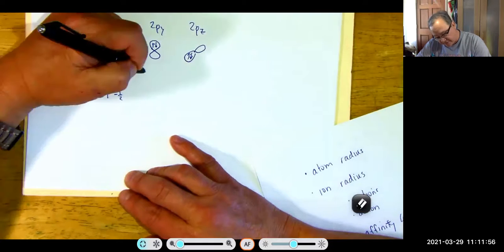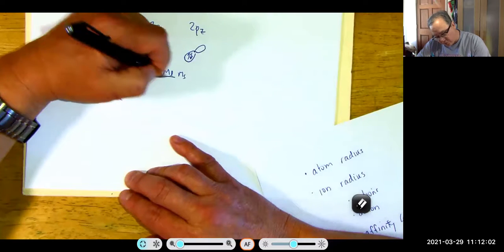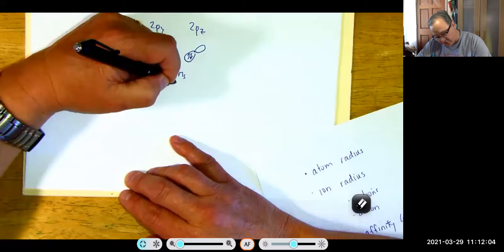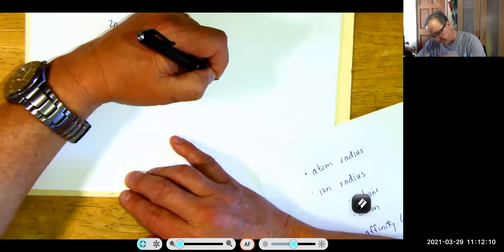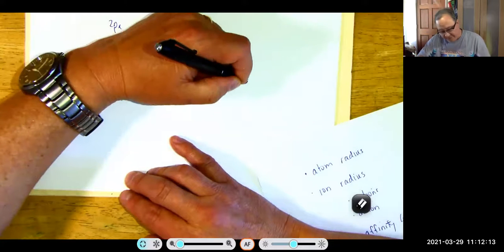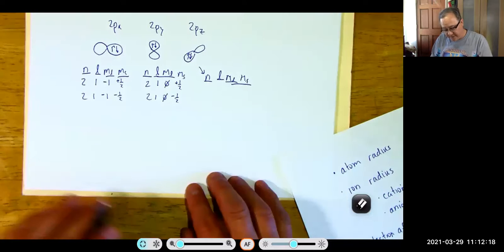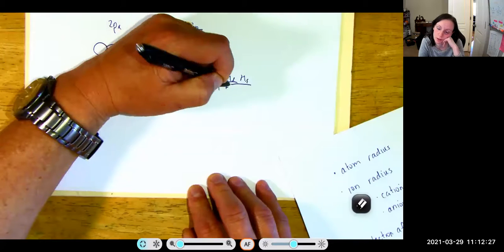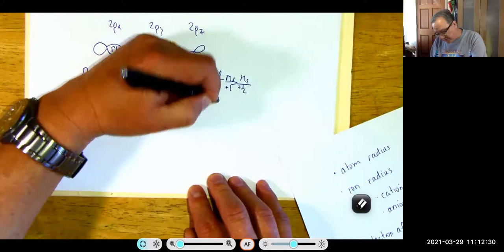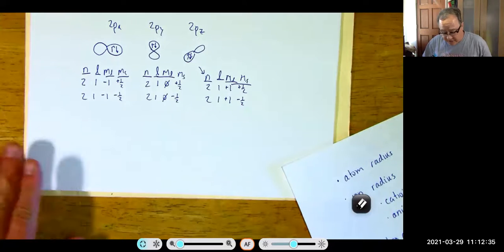And here, you can have 2, 1, 0, plus 1/2, and 2, 1, 0, -1/2. What would be the sets of quantum numbers you would have for 2pz? 2, 1, positive 1, and then plus 1/2 and minus 1/2. Excellent job. And so that's the tie into the previous chapter as far as that goes.